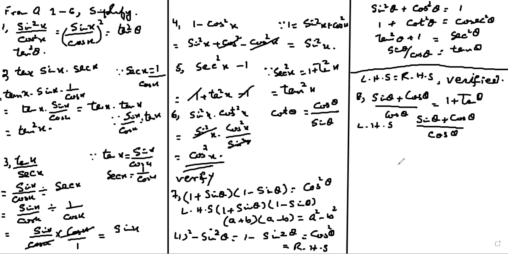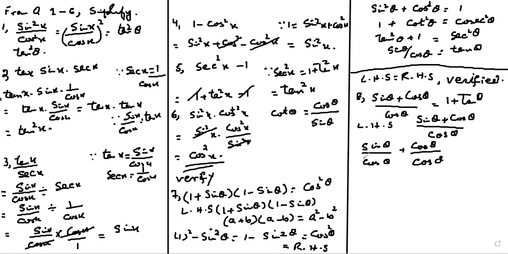So we may write it, this is a simple algebraic style, sine theta divided by cosine theta plus cosine theta divided by cosine theta.